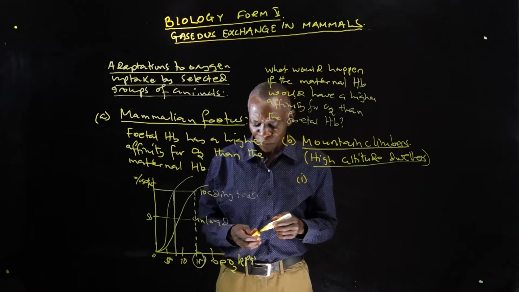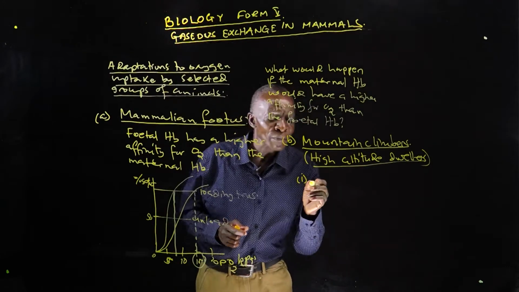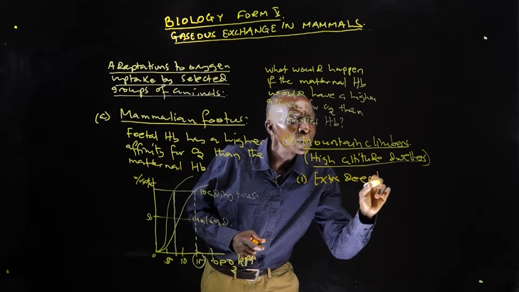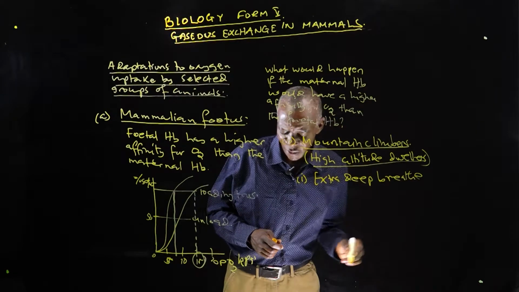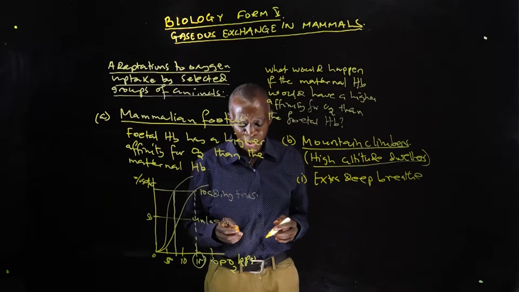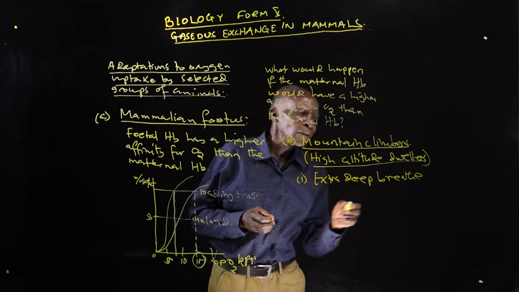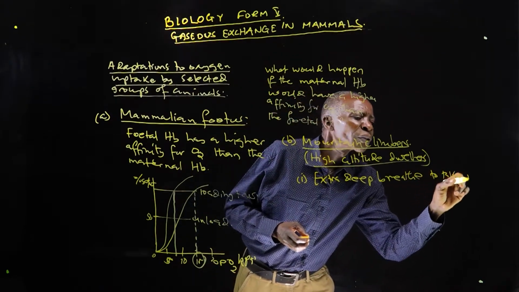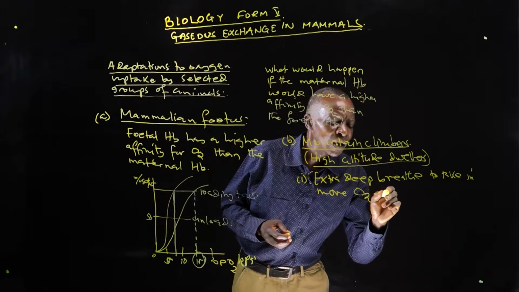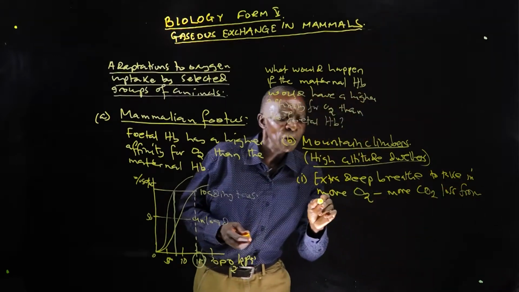The first adaptation is that normally they take extra deep breath so as to take in more oxygen, and hence to ensure more carbon dioxide loss from the body.